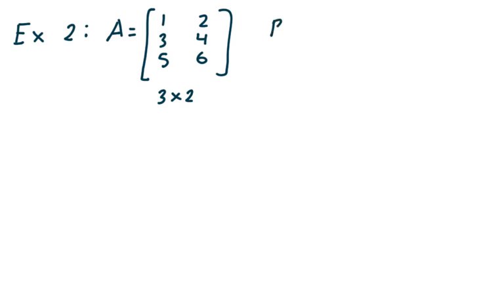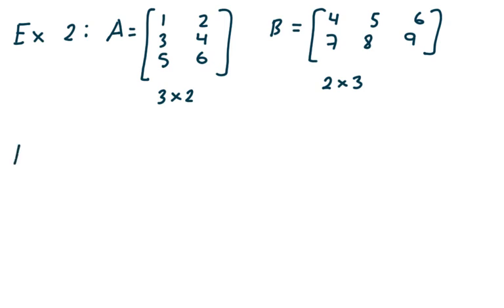And I'm going to say B is the matrix 4, 5, 6, 7, 8, 9. Notice that B is 2 by 3. So my result should be a 3 by 3 matrix. Now, I'm going to take AB.